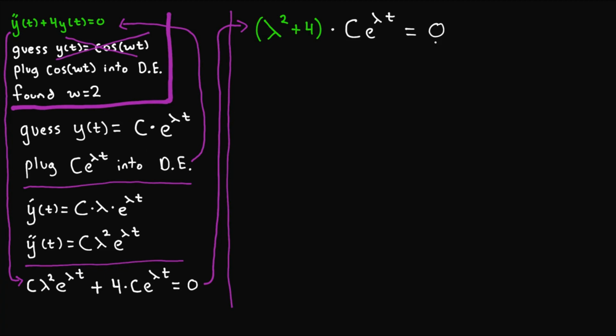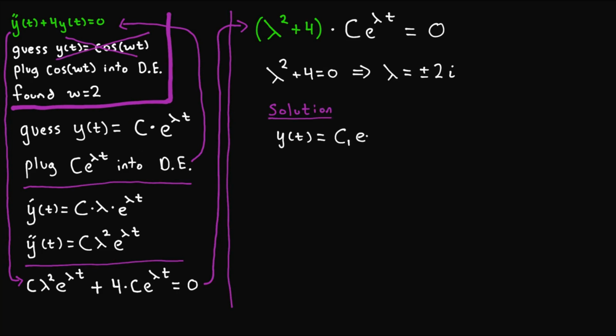By factoring out the lambda squared plus 4, we get lambda is equal to plus or minus 2i. So there are two values that lambda can be, and our differential equation is linear, so we can construct our solution as a sum to get y of t is equal to c1 e to the 2it plus c2 e to the negative 2it.